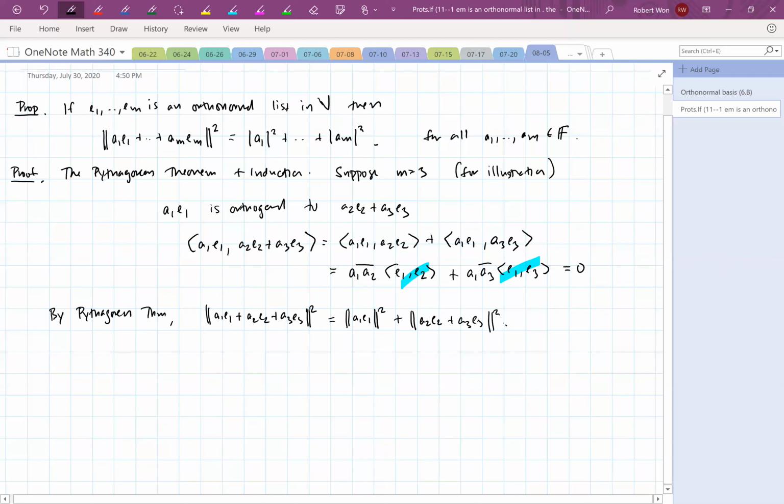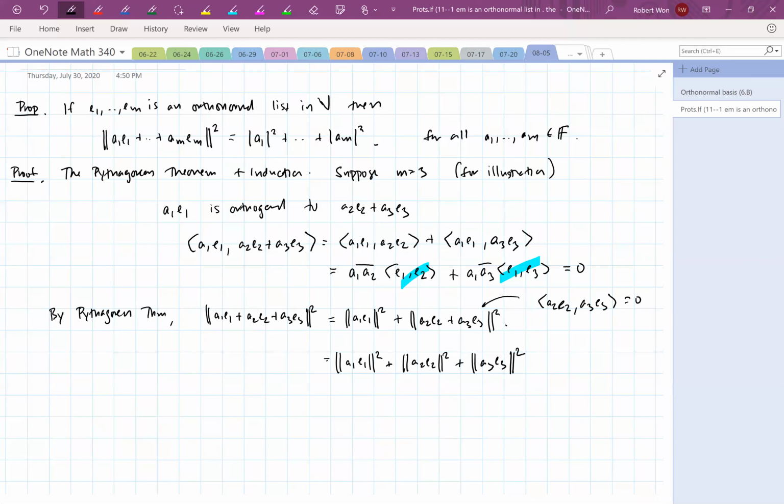But now you just apply the Pythagorean theorem again because A2 E2 and A3 E3 are also orthogonal. And so that squared norm you can break up like this. And then we know that you can pull out scalars out of a norm, except you have to take their absolute value when you pull a scalar out of a norm.